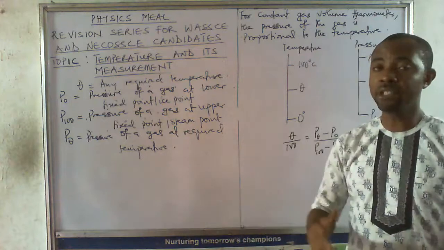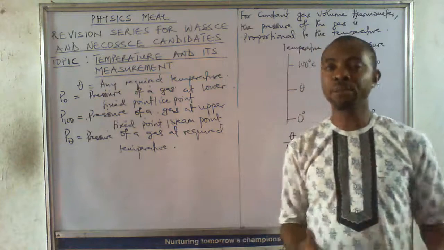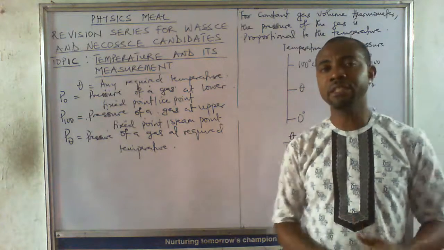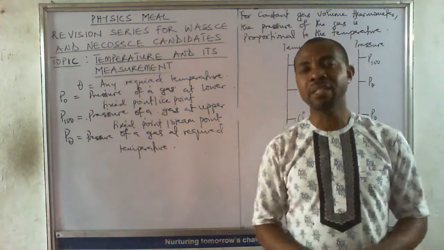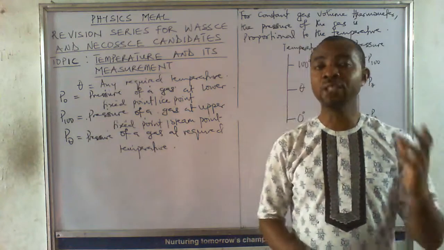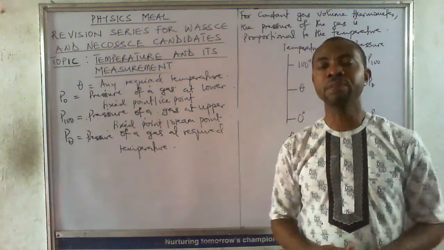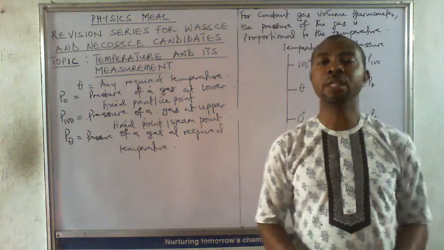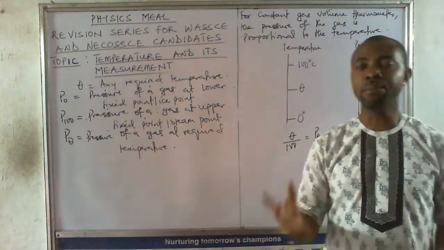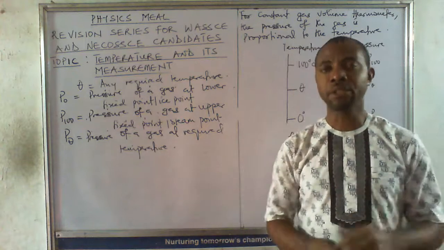We're able to generate some expressions because we say that the thermometric substances, their properties change with change in temperature. And we saw that in liquid in glass thermometer, the length of the liquid column changes with temperature change. And we saw that resistance of a wire changes with temperature change, and then the pressure of a gas also changes as temperature changes.